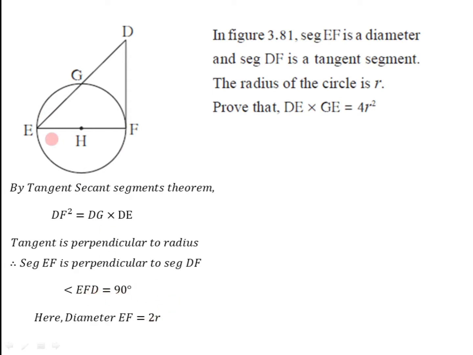Now as we have proved here that the measure of angle EFD is 90 degrees, triangle DFE must be a right angle triangle, and in that right angle triangle DFE we can use the Pythagoras theorem. By that we can write the hypotenuse square is equal to side 1 square plus side 2 square. So this is a right angle triangle where DE is the hypotenuse. So DE square must be equal to DF square plus EF square.